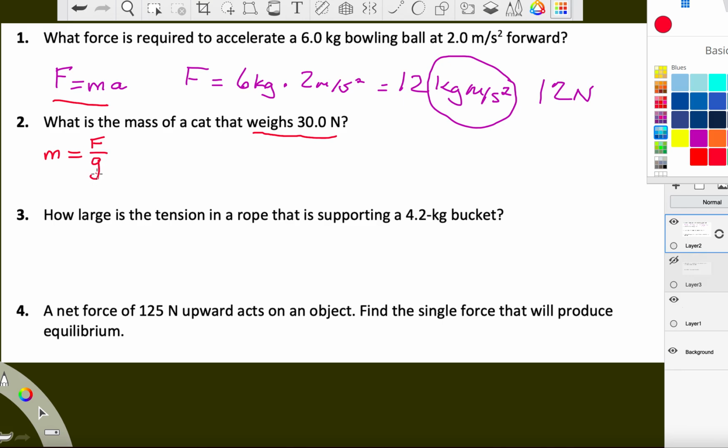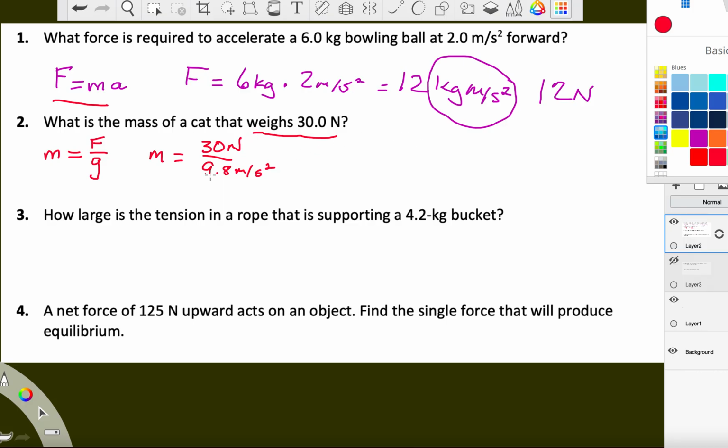Well, the acceleration in this instance is gravity. It's the cat's weight upon the earth. So the mass is equal to 30 newtons divided by 9.8 meters a second squared, and it's approximately just a little over 10 kilograms, right?